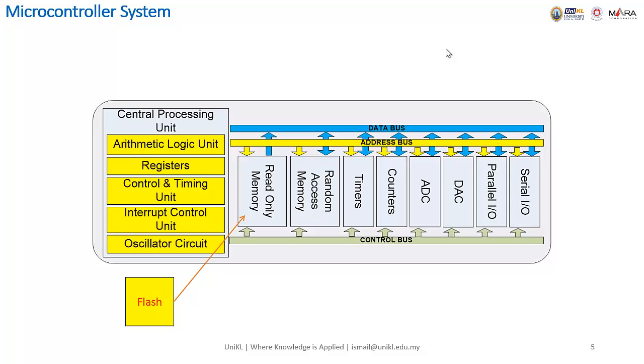The second one is the EPROM, single E, PROM. That means it can be erased and programmed a number of times, maybe say 1,000 times.